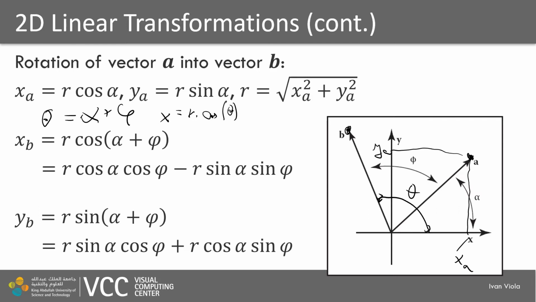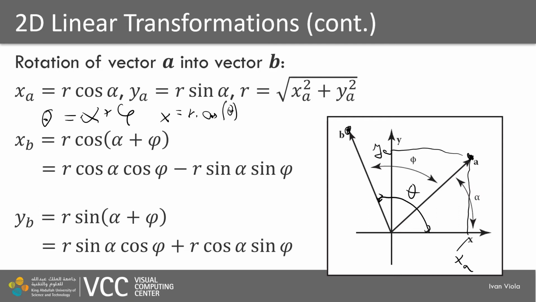So if we look at r times cosine theta, which is alpha plus phi, this sum in the cosine term we can rewrite into a slightly different form, which is r times cosine alpha cosine phi minus r sine alpha sine phi. This is from high school mathematics, an equivalent form.